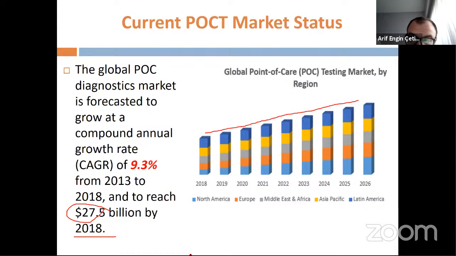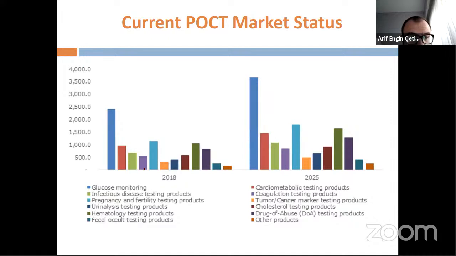So in the current healthcare market, POCT diagnostics takes 9.3%, but probably in 2026 this percentage will be over 15%. So these are the current market numbers in 2018.